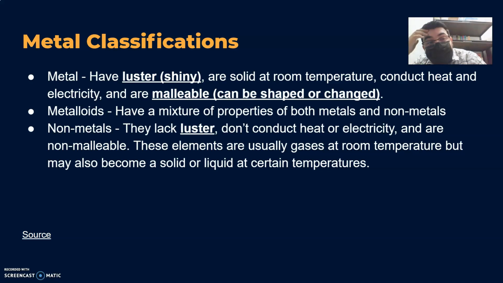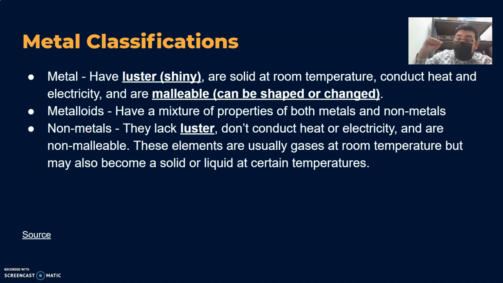Metalloids have a mixture of these properties, but let's dive into nonmetals first, so you can understand it. They lack luster. They aren't as shiny. They do not conduct heat or electricity, and are non-malleable, so they cannot be shaped or changed. If you can break it with a hammer, it's malleable.